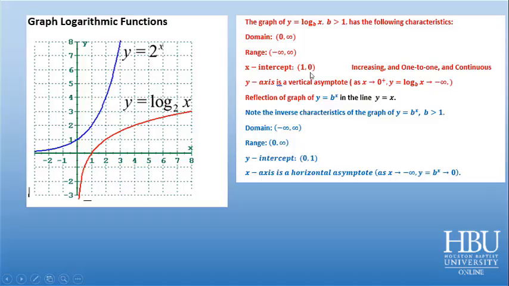And if the point 1, 0 is on the graph of the logarithmic function, the point 0, 1 has to be on the inverse function, the exponential function. Also, recall when we studied the exponential graph before, that the x-axis is a horizontal asymptote. As x approaches minus infinity, the y value, which is 2 to the x, is going to be approaching 0.